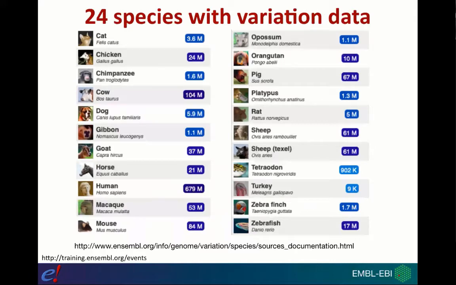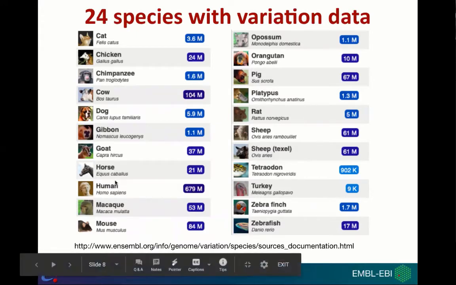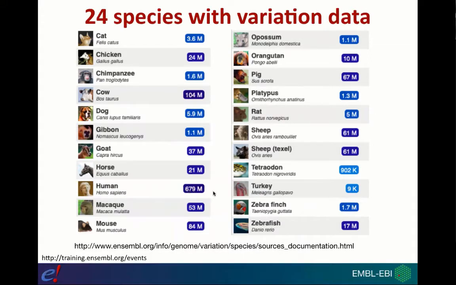So in Ensembl, there are 24 different species with variation data available. Obviously, the amount of variation data that's available for a species depends on the sequencing efforts that have been carried out around the world for that particular species. So human being the most well-studied, most sequenced species on the planet, we have nearly 700 million individual variants for human, which we can explore in the browser later on.